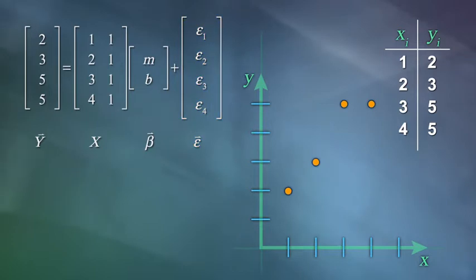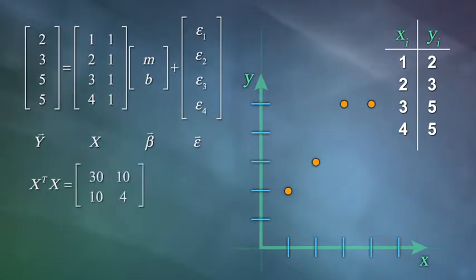So we'll take a moment to compute the Gram matrix X transpose X. If you did this, you should get the 2x2 matrix 30, 10, 10, 4. And if you compute X transpose y, you should get 43, 15.